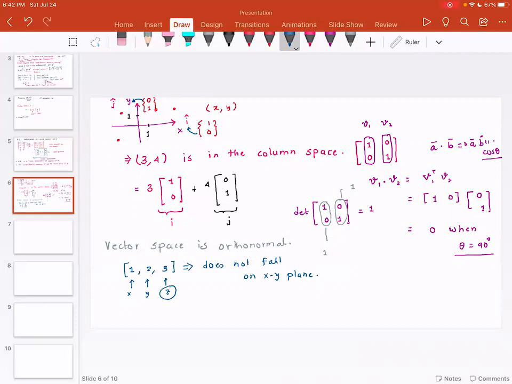So in other words, we can only find the solution, or we can only draw the point, as long as that point is within the column space of this matrix.